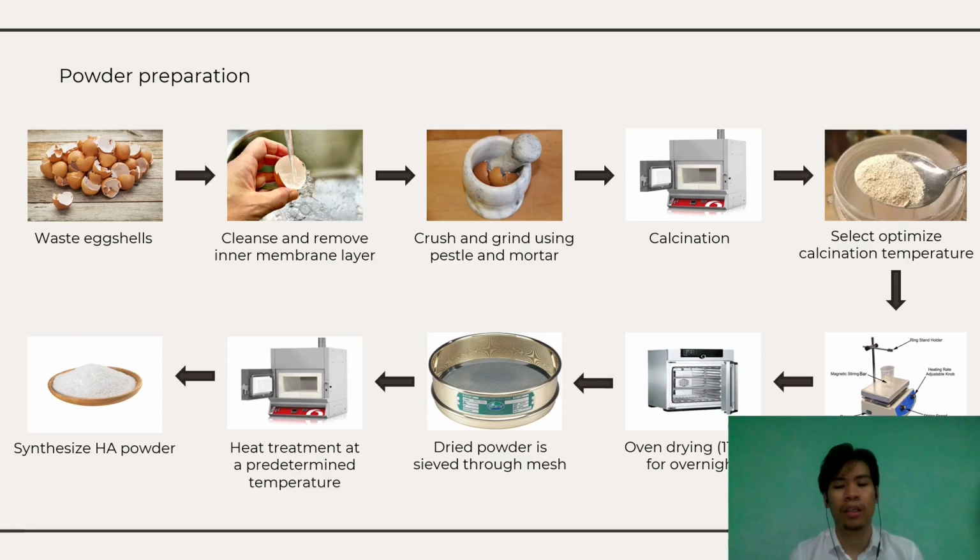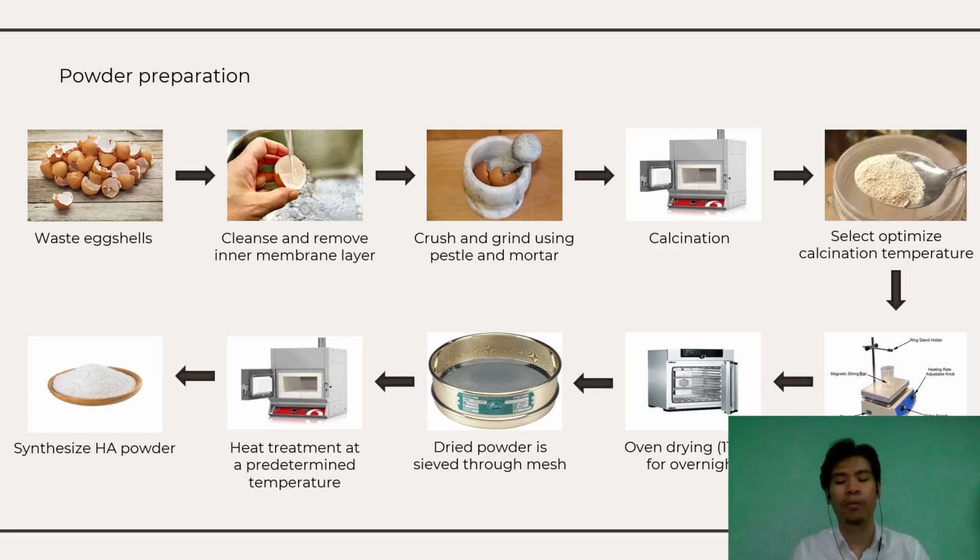Once mixed, the mixture will be dried overnight inside an oven with a temperature of 110 degrees Celsius. The dried powder then will be sieved to obtain a fine and uniform powder. It is then subjected to uniaxial pressing to compact the powder to ensure the heat treatment that will be done after this goes evenly.